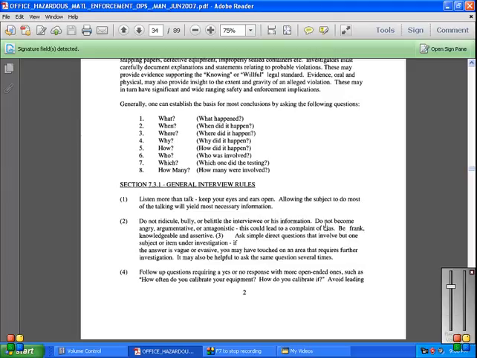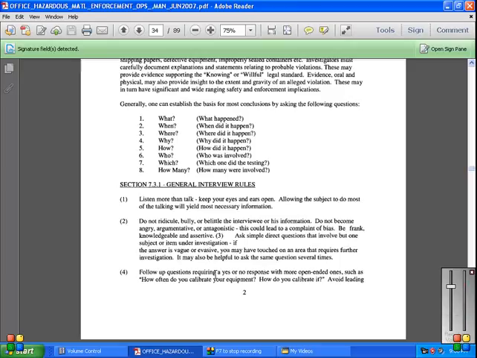3. Ask simple, direct questions that involve but one subject or item under investigation. If the answer is vague or evasive, you may have touched on an area that requires further investigation. It may be helpful to ask the same question several times. Follow questions requiring yes and no responses with open-ended ones, such as, you often calibrate your equipment? How do you calibrate it?